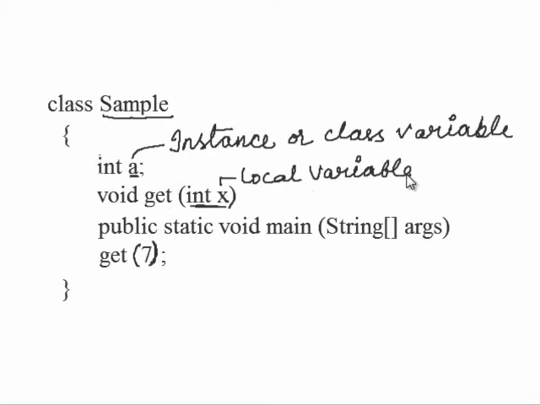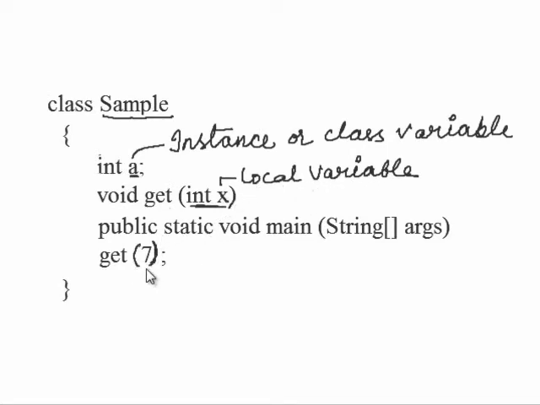I have then introduced a public static void main method, under which, if you see, I have just called the get method that I had initiated above, and I have passed the value 7, because 7 is an integer and integer x is a variable with the data type integer.